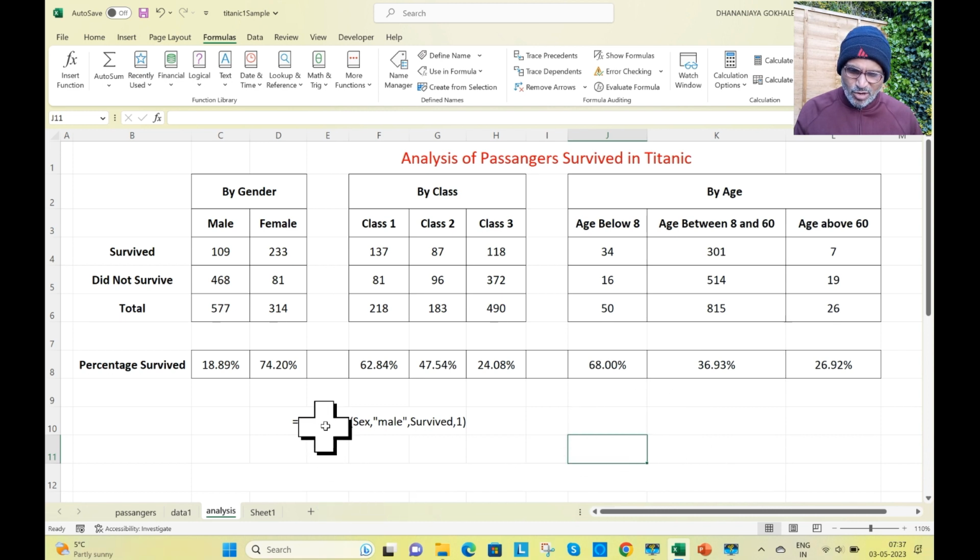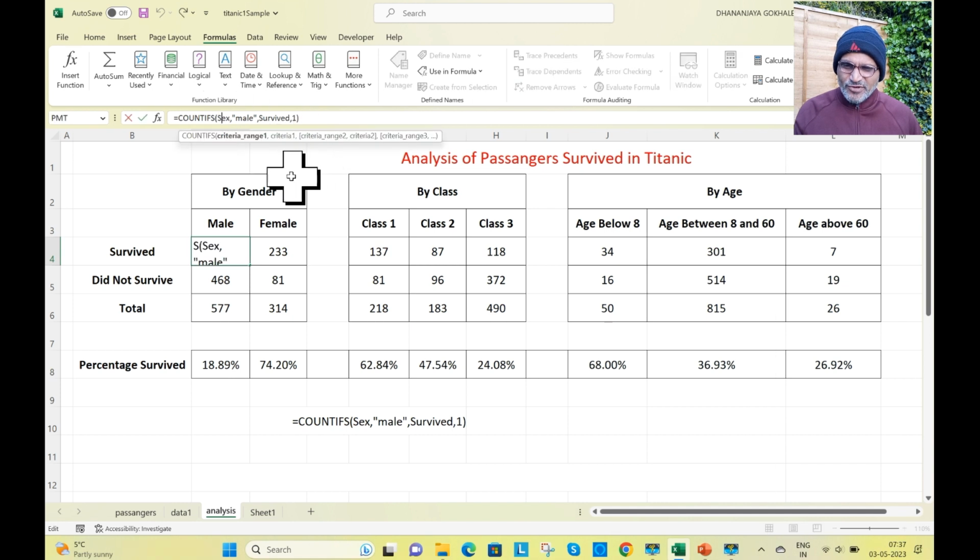For example, this is the COUNTIFS formula. Okay, if we go here, it's pretty easy. If you go here, it says criteria range 1. That means which criteria you're going to apply where? We are going to apply on the column sex, right? And then comma, and then it says criteria 1.